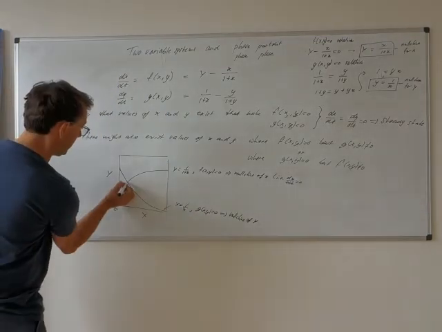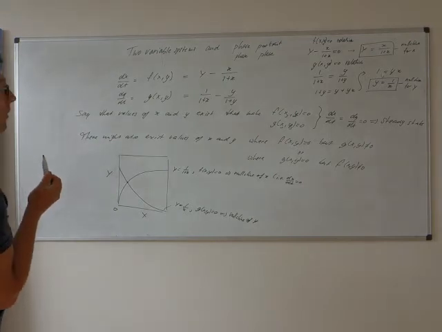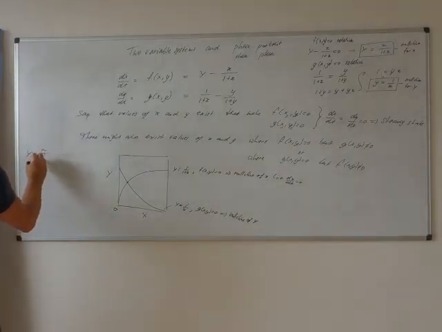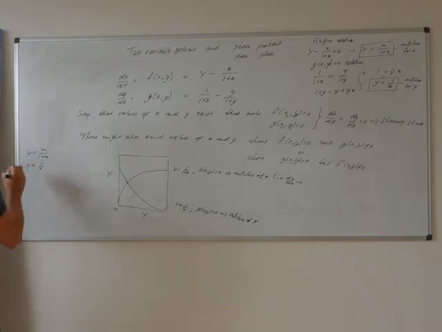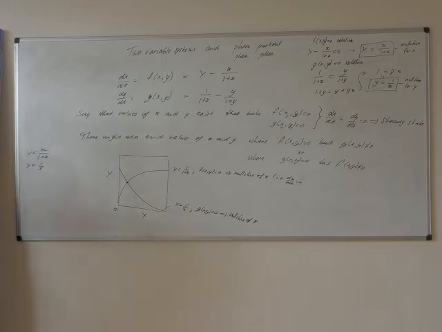Okay, so here we have the steady state. Let's figure that out. What is the steady state value? Well, we know that y equals x divided by 1 plus x at the steady state value, and y also equals 1 over x, right? Both of these relationships are true here. So that means that x divided by 1 plus x equals 1 over x. So that means that x squared equals 1 plus x.